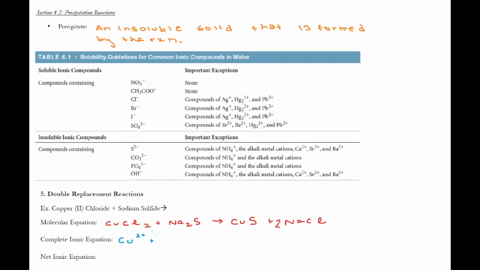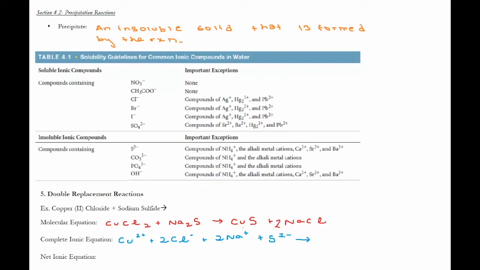Then I'm going to have 2 chloride ions, so 2 Cl-, plus 2 sodium ions, and I know that's soluble because sulfide ions are insoluble except when they're with alkali metals, which is all group 1 metals. So this is going to be soluble, plus sulfur with a 2- charge.